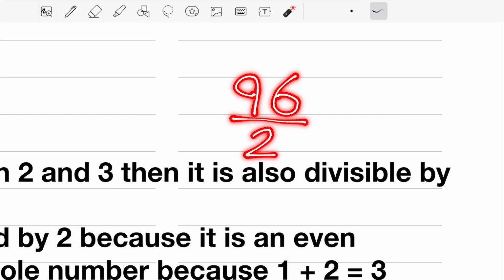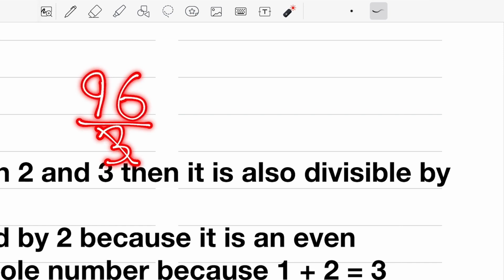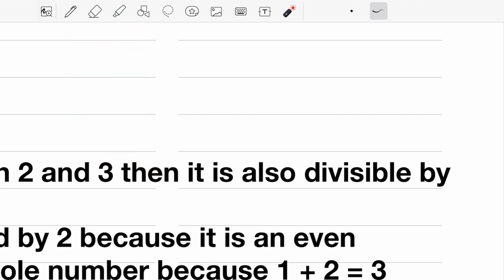If we remember our divisibility rule for 2, we would know that any even number is divisible by 2. Is 96 divisible by 3? Yes, because 3 into 3 is 1, 3 into 9 is 3, and 3 into 6 is 2. Also remember, we can check this by adding the 2 digits to see if it is divisible by 3.